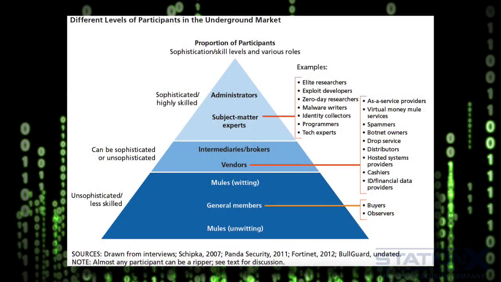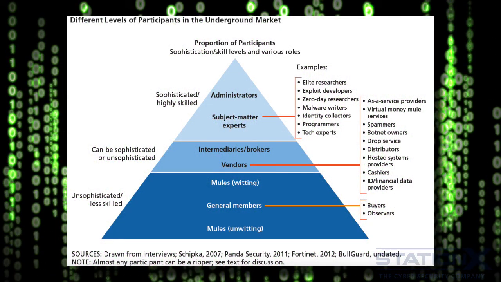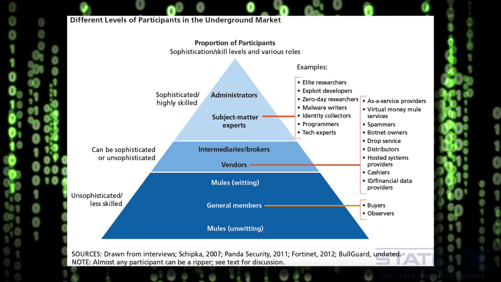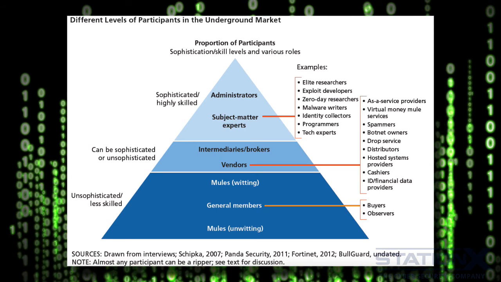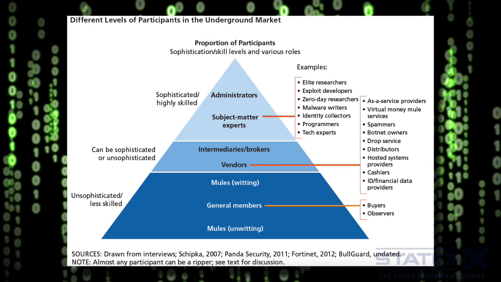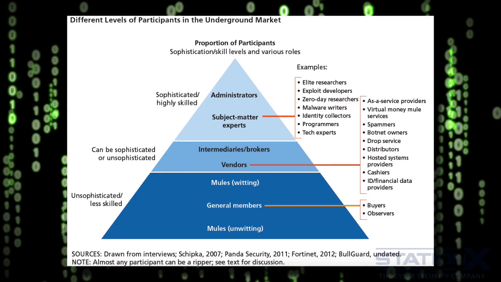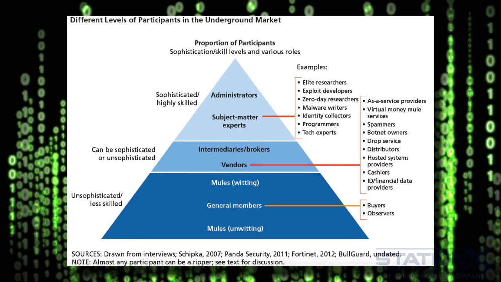Only a small percentage are elite researchers, exploit developers, 0-day researchers, malware writers, etc. The majority are buyers, unsophisticated and less skilled. So this means you have a lot of people with highly sophisticated tools, and the numbers are only exponentially growing.